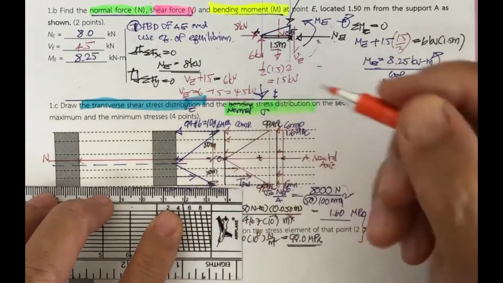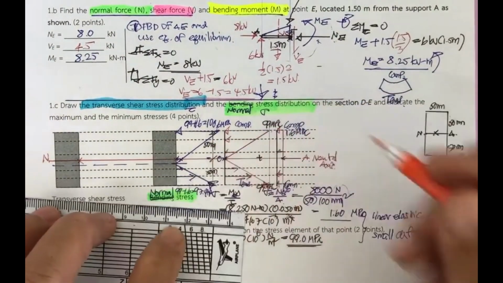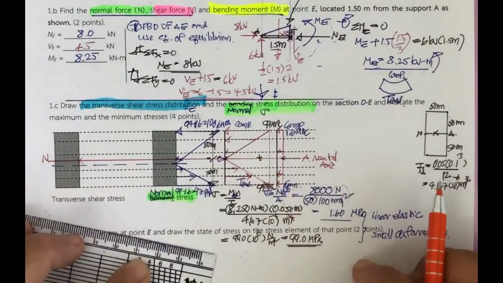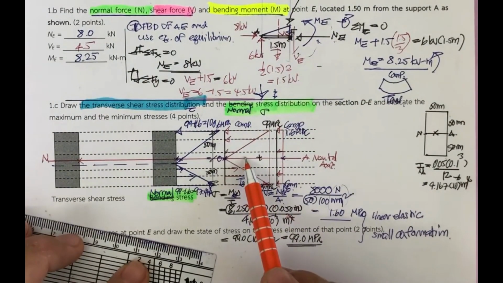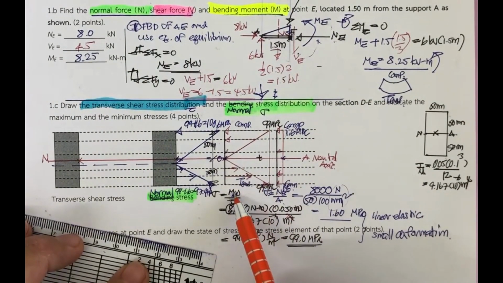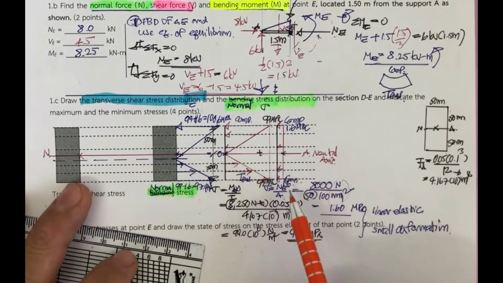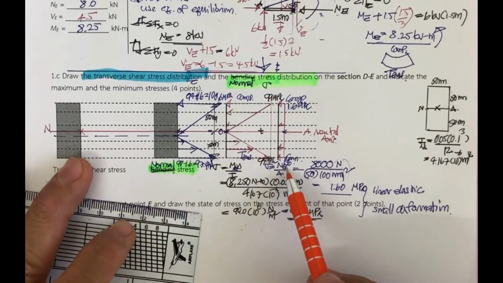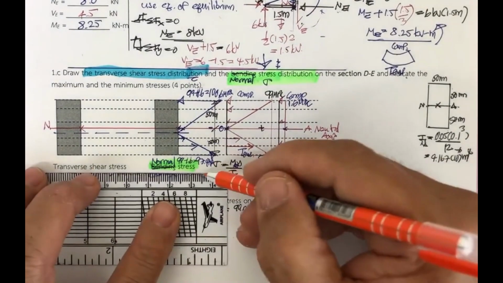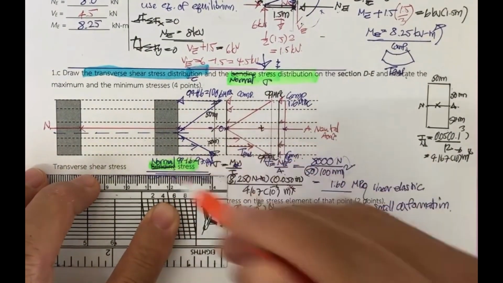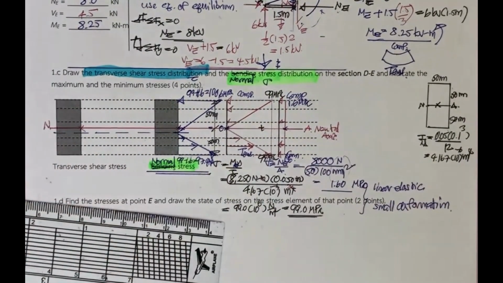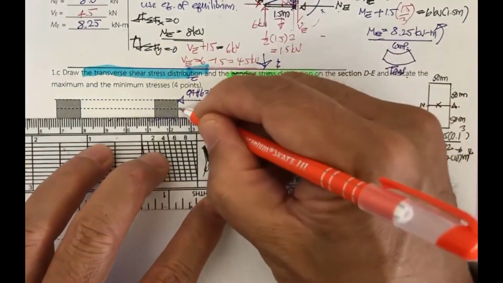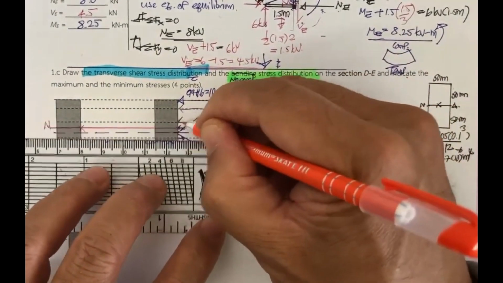So now our stress distribution, by the combination of normal stress due to the moment and normal stress due to the axial force, gives us the new normal stress distribution as required. But the problem is the neutral axis right now changed.